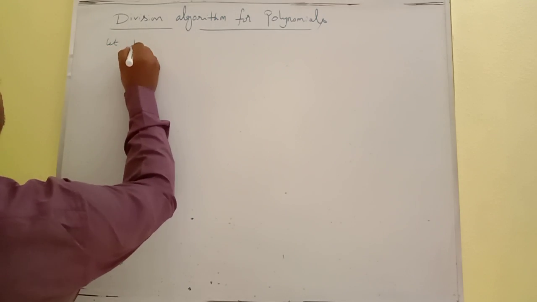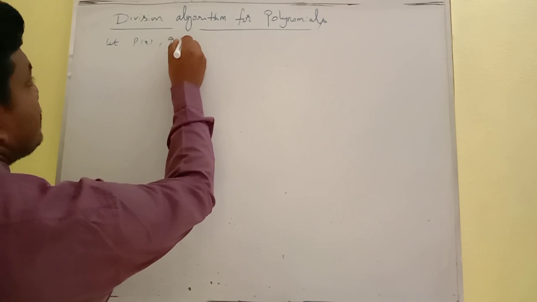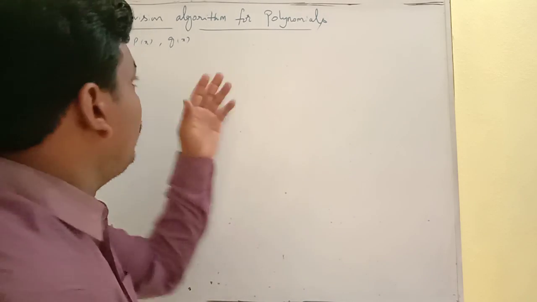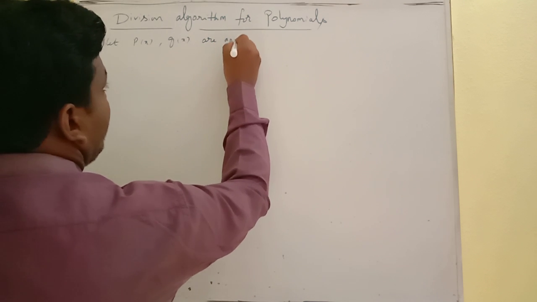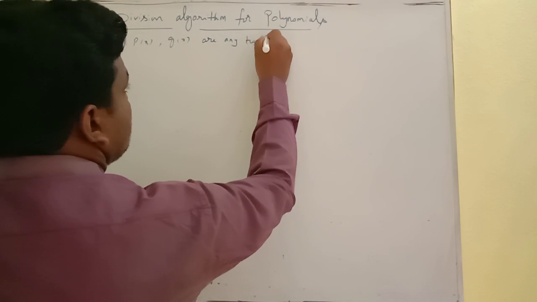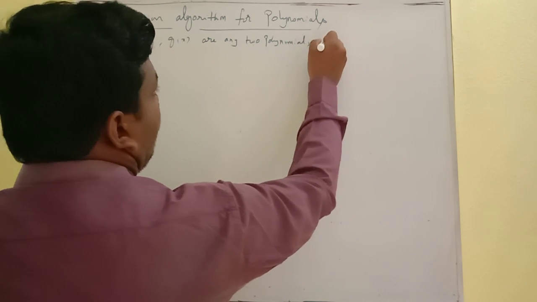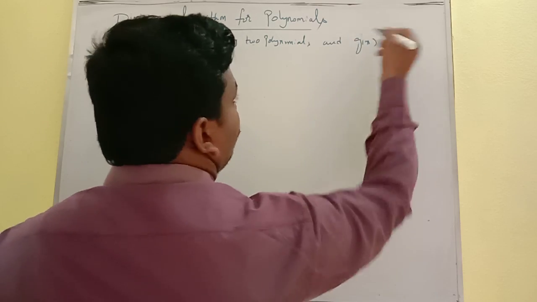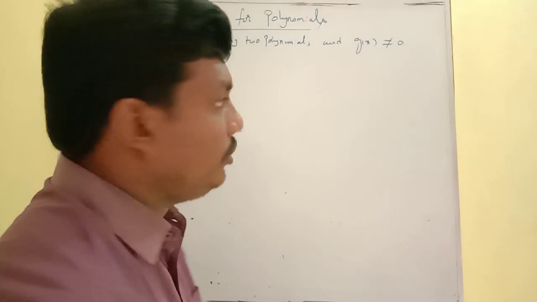Let p of x and g of x be any two polynomials, and g of x is not equal to 0, that is, g of x is not a zero polynomial.